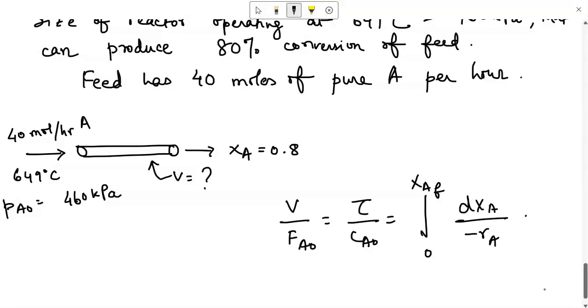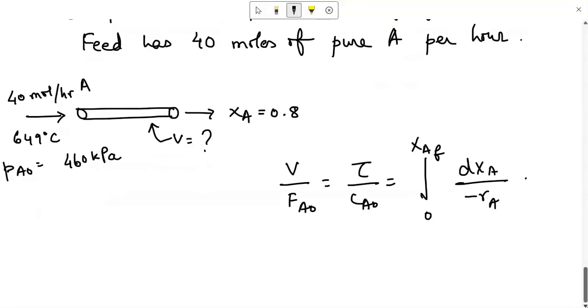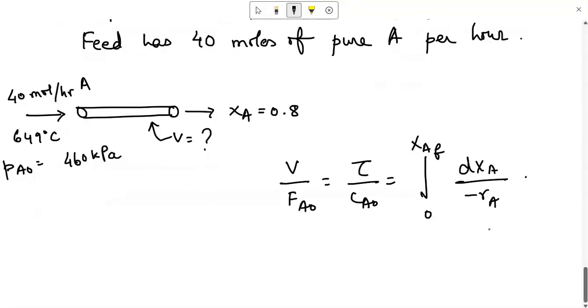Now all you need to do is plug in the kinetic expression for minus Ra, considering a first order irreversible gas phase reaction, and you will get the final expression.